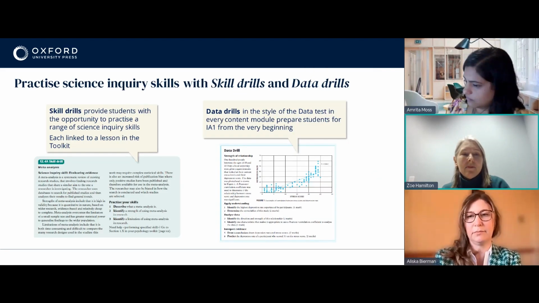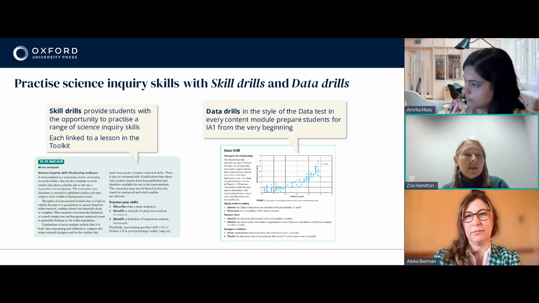These are some of the features here that we've taken from the student workbooks and added to the student books. We have skill drills. Each one of the skill drills is linked to a lesson in the toolkit, and each of those lessons in the toolkit is linked to a group of science inquiry skills that are listed in the syllabus.